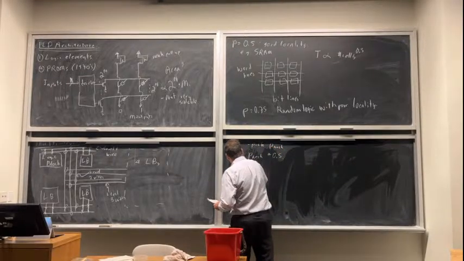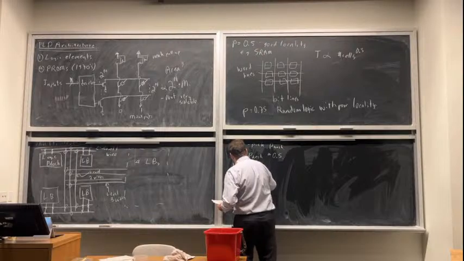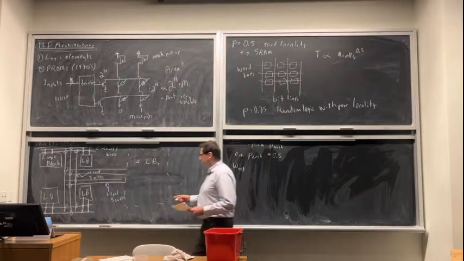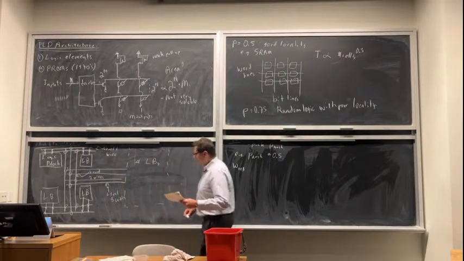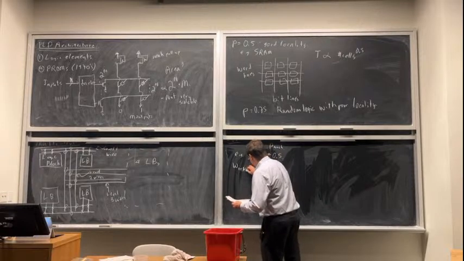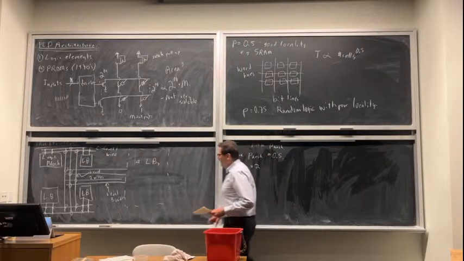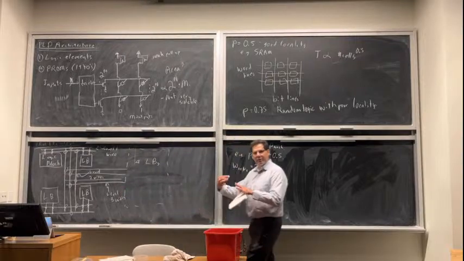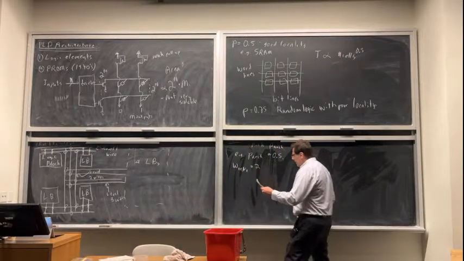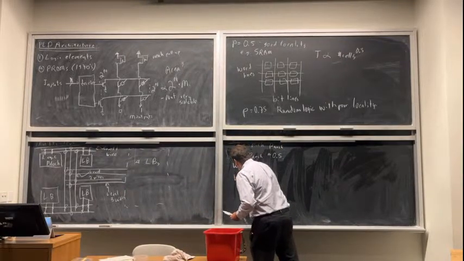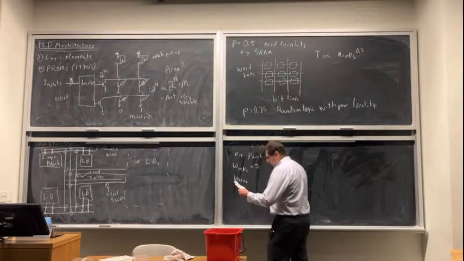I'm going to use W to mean how many wires I put in a channel at each level. So W at level 1 is 2 in my example over here. First level channels have 2 wires in them. Based on my rent exponent, I can work out what to do at every level.